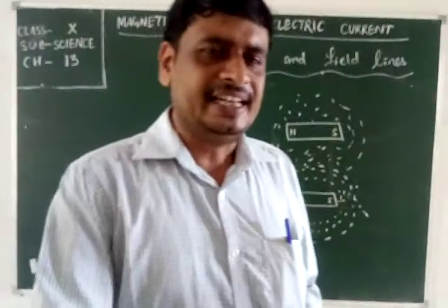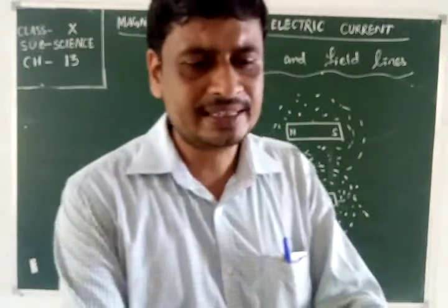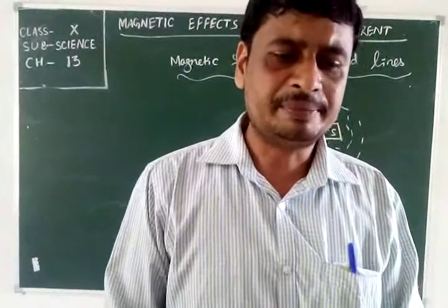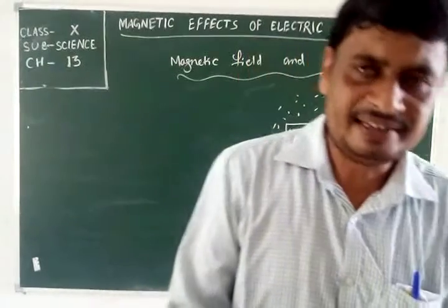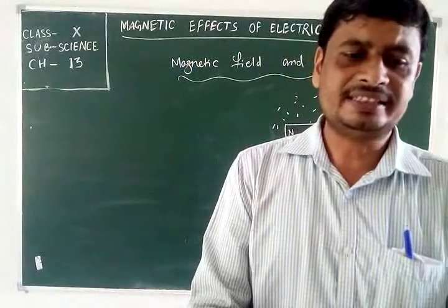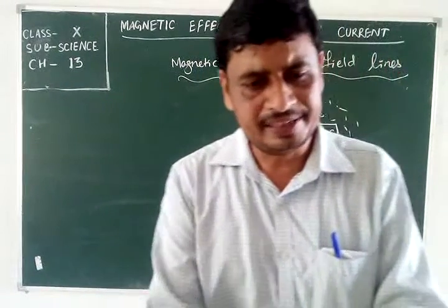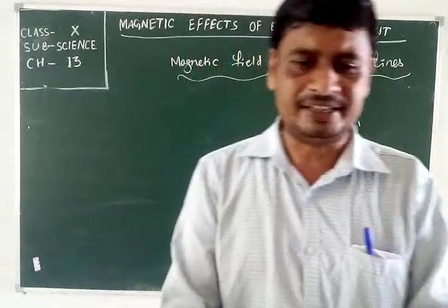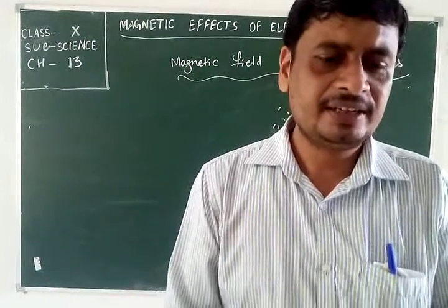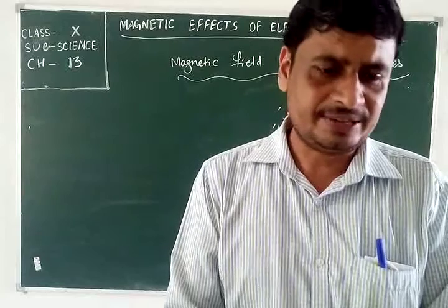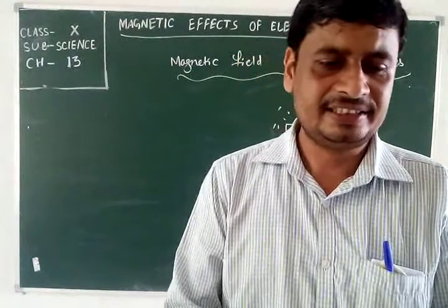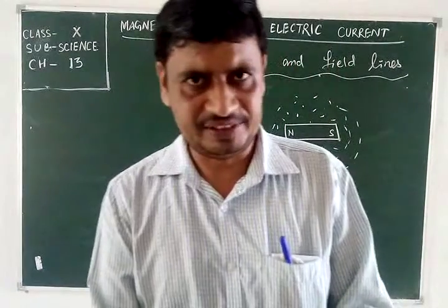Here the magnet exerts its influence in the region surrounding it. Therefore, the iron filings experience a force, and the force thus exerted makes the iron filings arrange in the pattern. The region surrounding the magnet in which the force of the magnet can be detected is called the magnetic field.